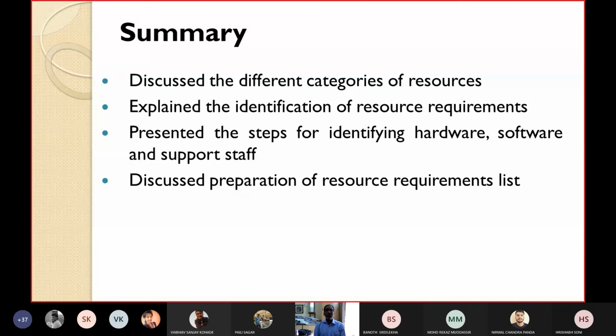We have also discussed how to prepare the resource requirement list. We have taken a sample example of the activity network, or the precedence graph, or the activity plan, and we have drawn the resource requirement list.